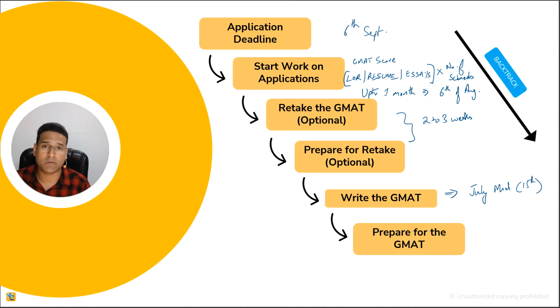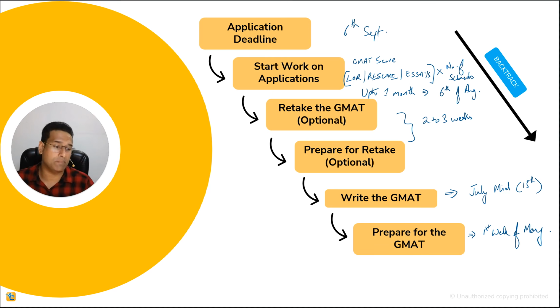Now, the last piece of information that we need to factor into this is our preparation time. Now, we just saw at a starting ability of 565, it would take us roughly 2.5 months to get to our target score. And therefore, the right time to start preparing for the GMAT in such a scenario would be in the first week of May.